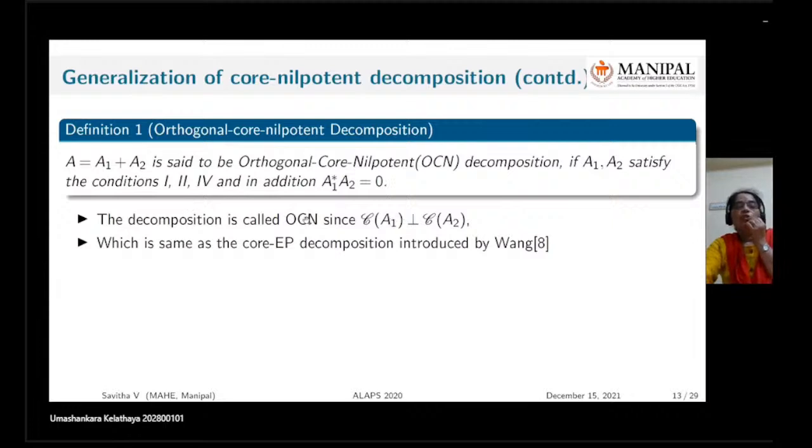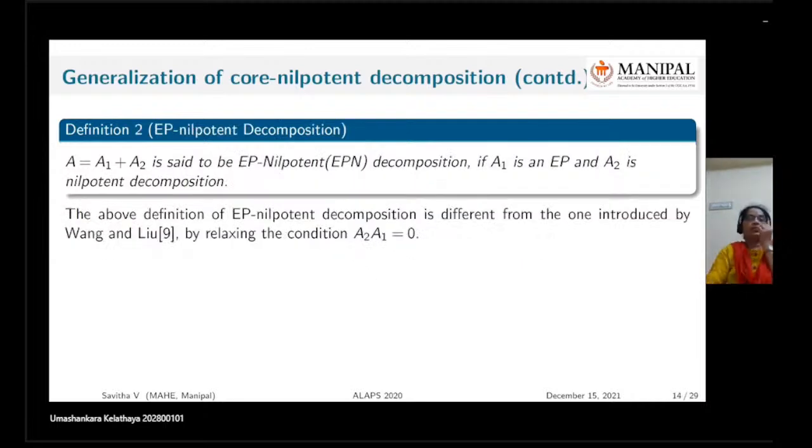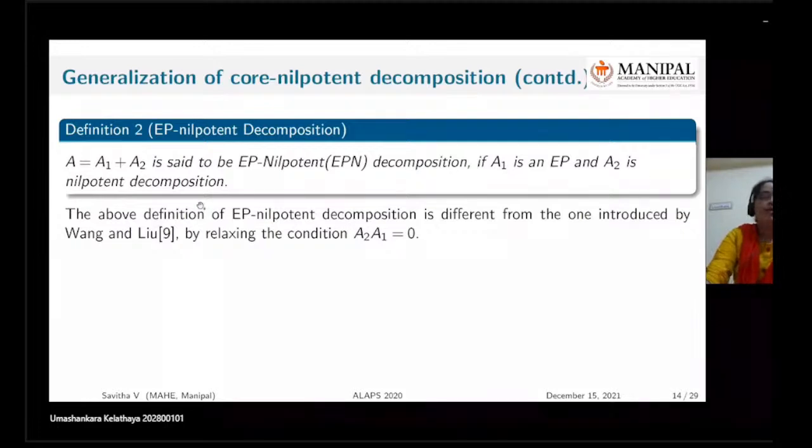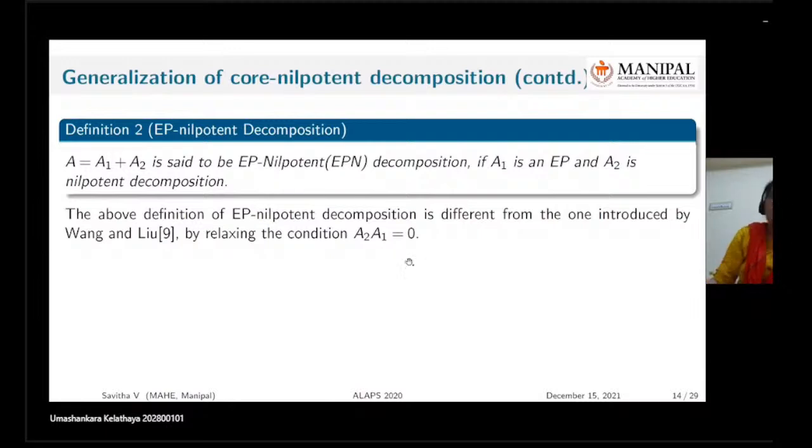The decomposition is called OCN since the column space of A1 is perpendicular to the column space of A2, which is the same as the core-EP decomposition introduced by Baksalary. And A equals A1 plus A2 is said to be an EP nilpotent decomposition if A1 is an EP matrix and A2 is nilpotent. The above definition of EP nilpotent decomposition is different from the one introduced by Wang and Liu.